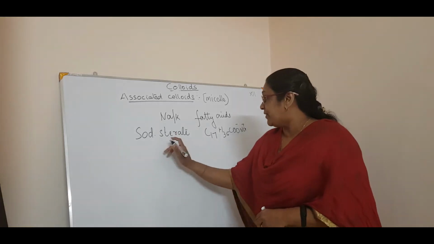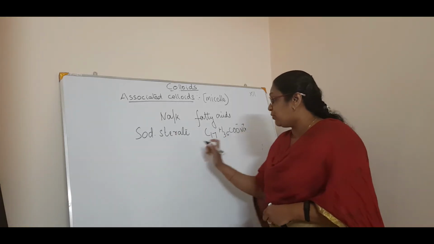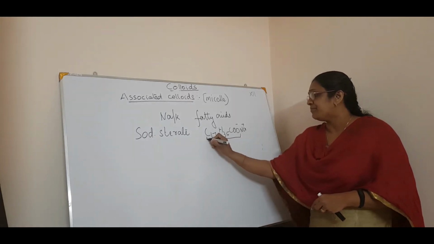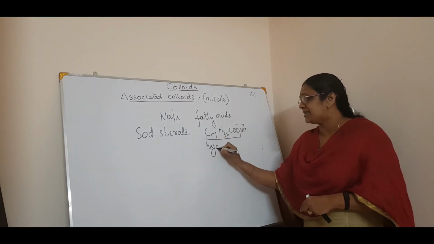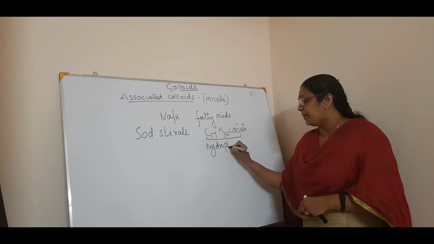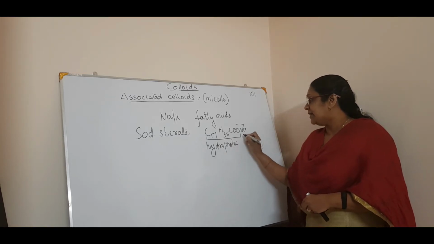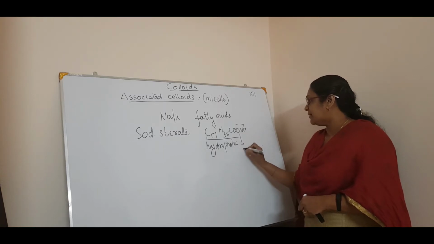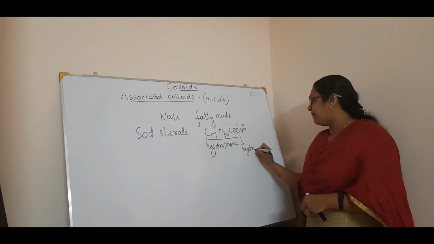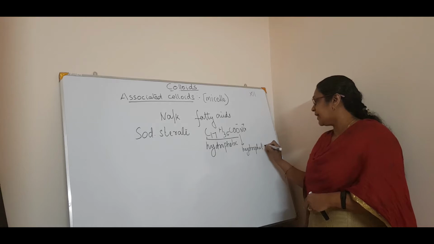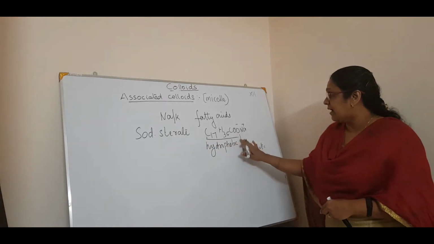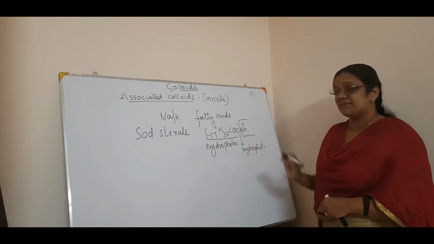The mechanism I am trying to tell. If it is C17H35COONa, if I write like this, this much part is called the hydrophobic part, isn't it? And this is called the hydrophilic part. That is, this is the hydrophobic part and this is the hydrophilic part.